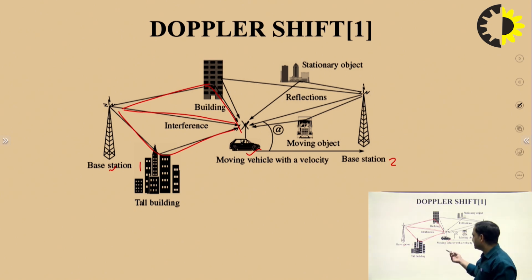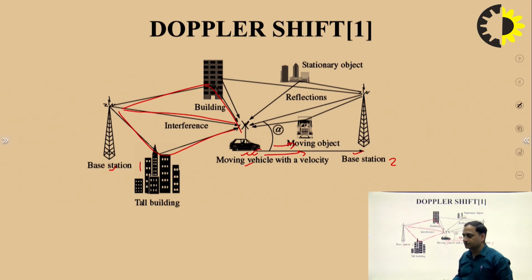We can see that when this receiver is moving away from base station 1, the received signal frequency will be less as compared to when it is moving towards the second base station, where the received signal frequency will be high. So it means that this receiver must receive the signal from base station 2.